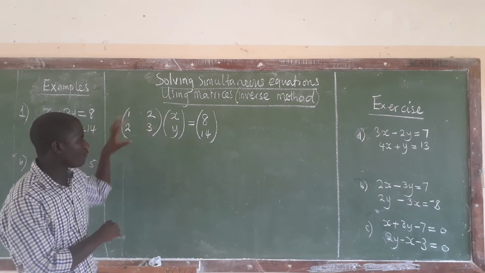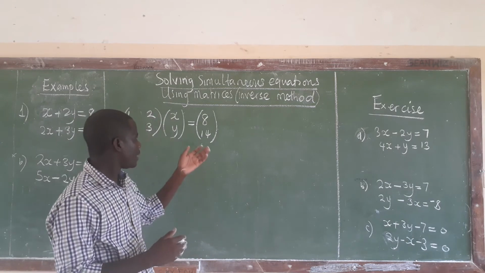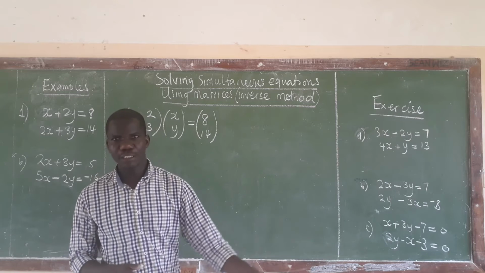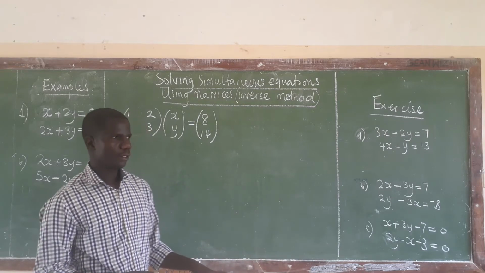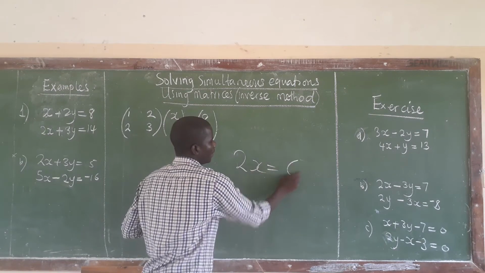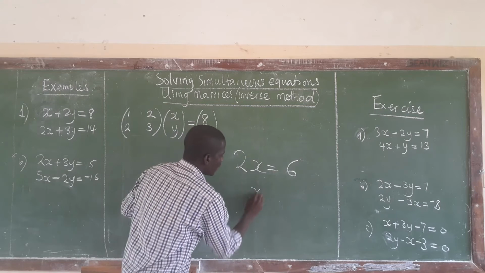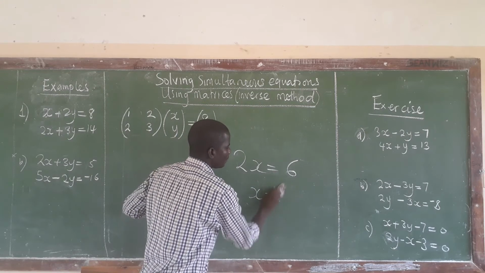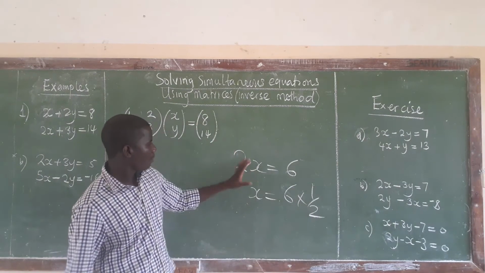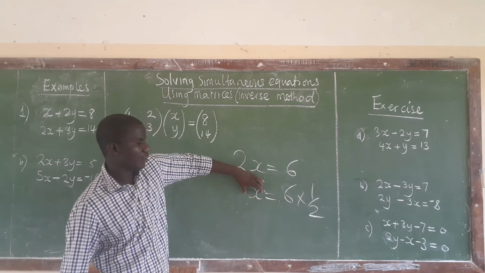When you multiply anything by its multiplicative inverse, what we get is 1. So, like in the example I gave you, we can just remain with x, then 6 multiplied by, meaning when we multiply this 2 by its multiplicative inverse, it still gave us this, so there was no effect.